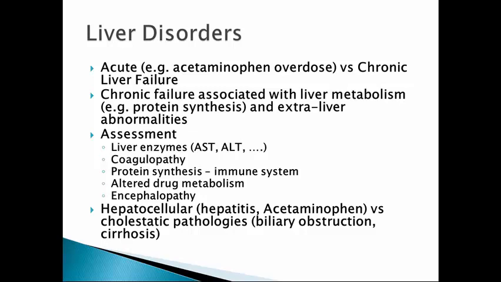With cholestatic pathologies, the biggest thing we're looking for is biliary obstruction, and we'll also see this in cirrhosis, because it's going to cause difficulty with stasis. So when we look at cholestatic processes, we are going to consider alkaline phosphatase and GGT.